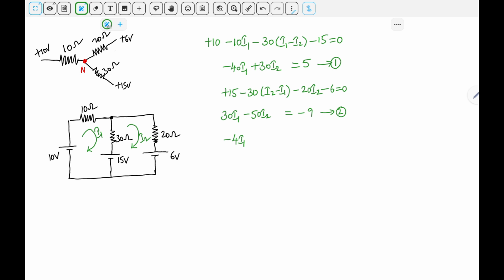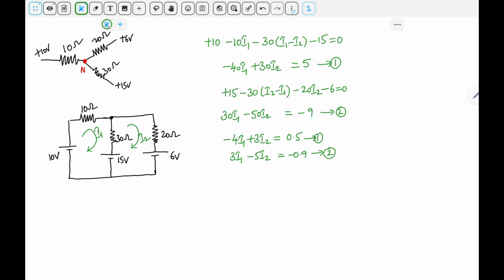Similarly, for the second equation, taking 10 common, 3 I1 minus 5 I2 is equal to minus 0.9. So this is the second equation.